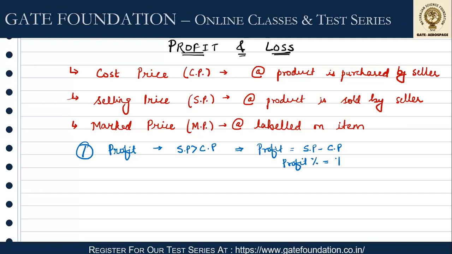So जब हम profit percentage निकालते हैं, you have to remember this part that always ये किसके रिस्पेक्ट में निकलता है, that is taken with respect to cost price. ये हमेशा cost price के रेफरेंस में निकलता है.